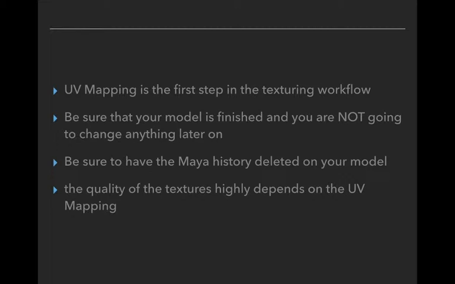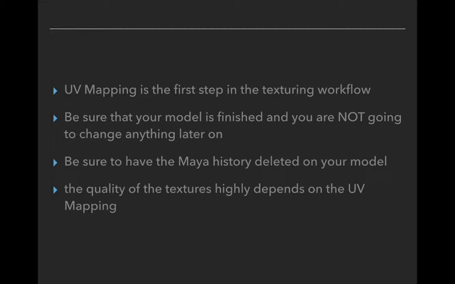Before you do UV mapping or UV unwrapping, please make sure that your model is finished and you're not going to change anything later on that object, because the 3D pipeline is pretty restricted. If you model a character, then unwrap it, then texture it, and then you decide to change the ears, for example, it's going to get quite hard.